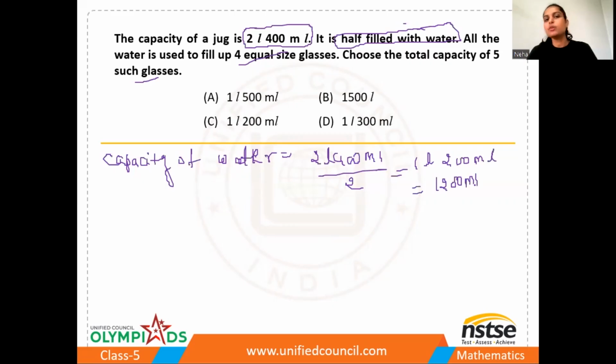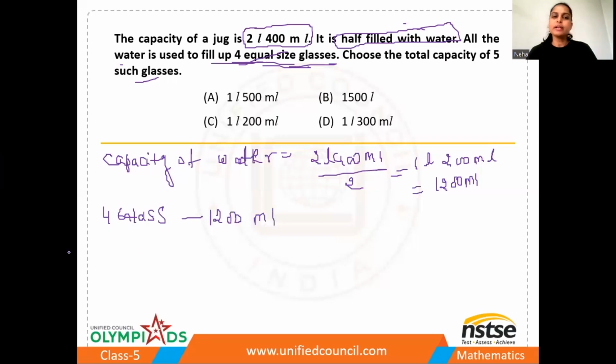So the capacity of water in total is 1200 milliliters. Now, in the next line, they are saying that all the water is used to fill 4 equal sized glasses. So basically this 1200 ml of water, I am going to fill in 4 equal sized glasses. So the total capacity for 4 glasses is 1200 ml.